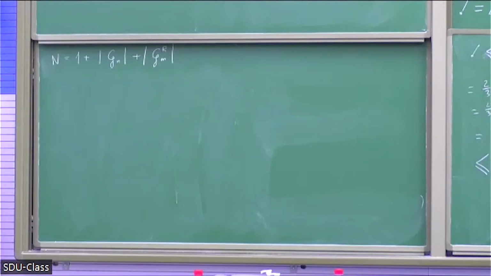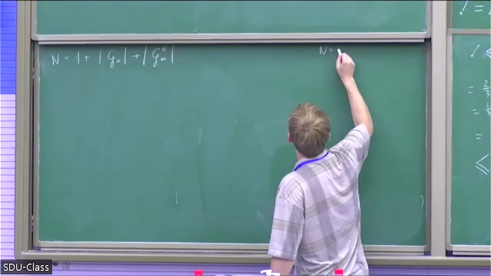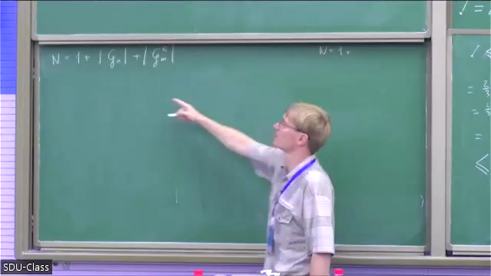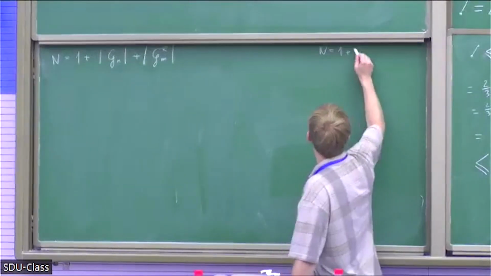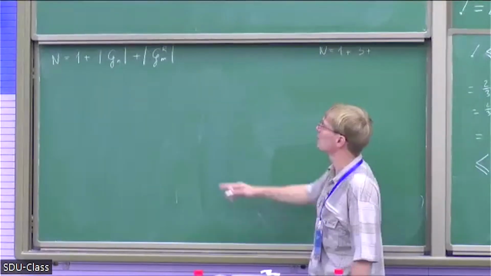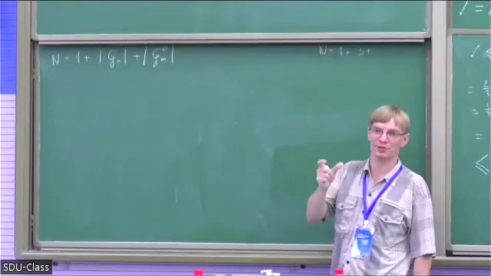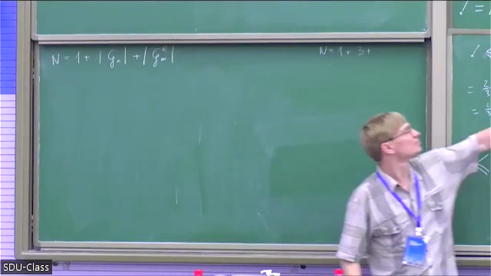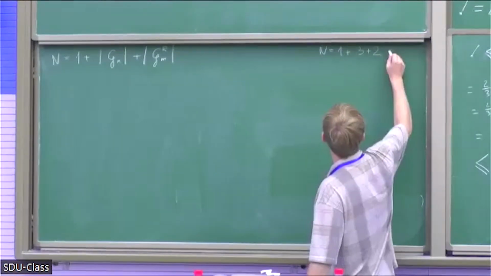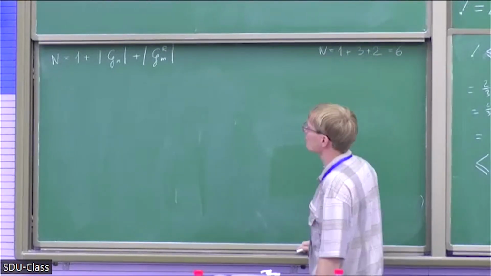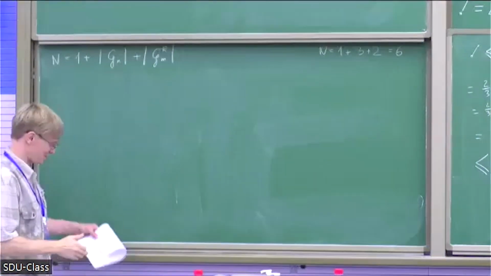In our Mantel theorem case, it was 1 plus number of flags on 3 vertices. There were 3, because we don't count triangle. And here I was using vector with 2 flags, right? So this is 2. So all the matrices that I'm considering here will be of size 6 times 6.